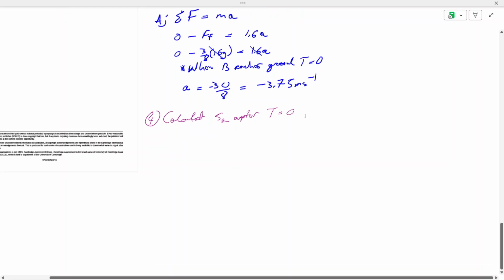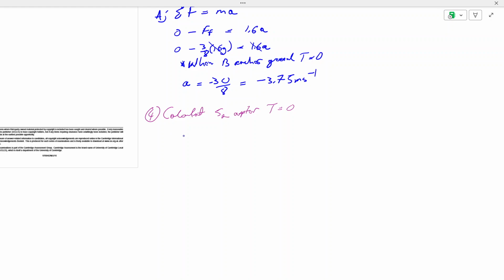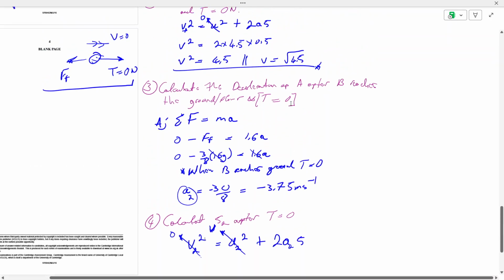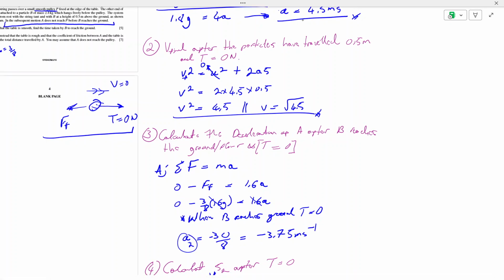So v2 squared is equal to u2 squared plus 2 a2 s. This is a2 here for the deceleration. I know that v squared here is supposed to be 0. I know that u squared is supposed to be the final velocity after B reached the ground, which we calculated here. It's 4.5.